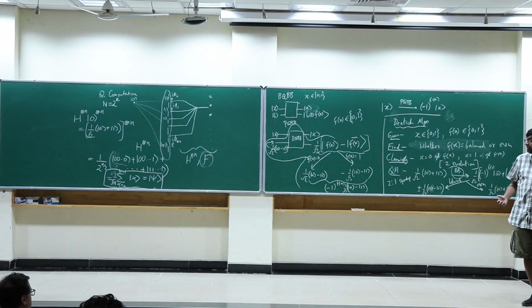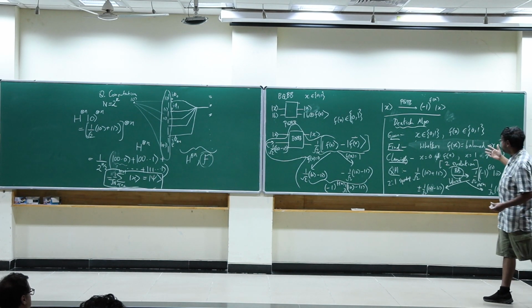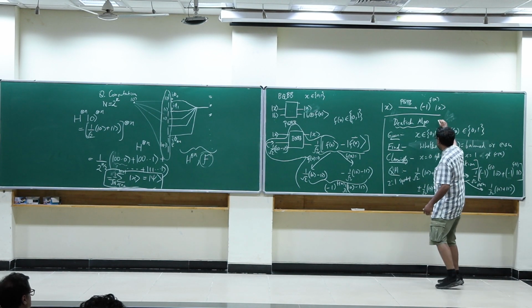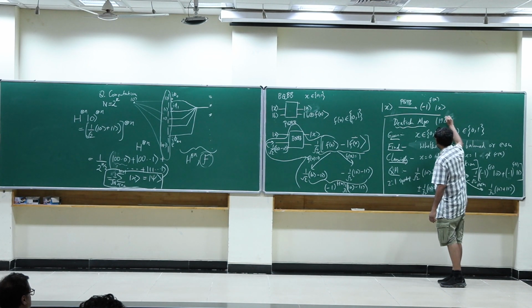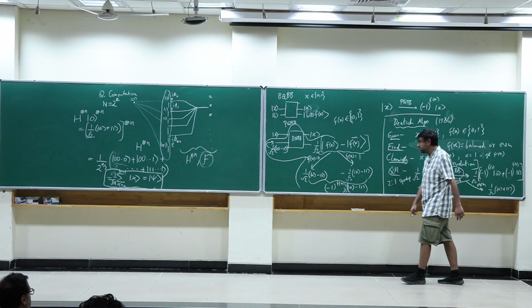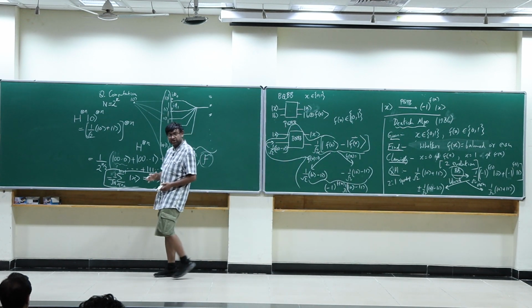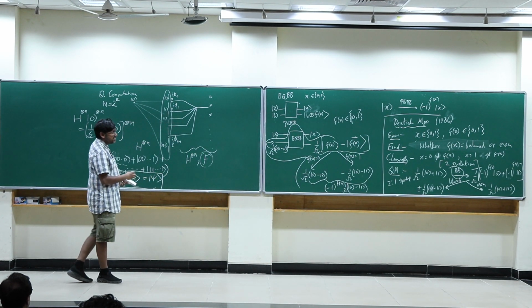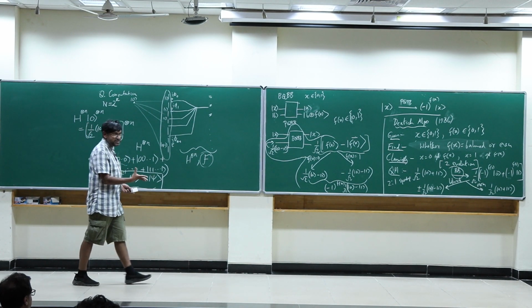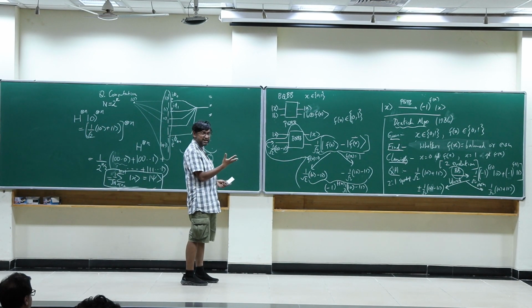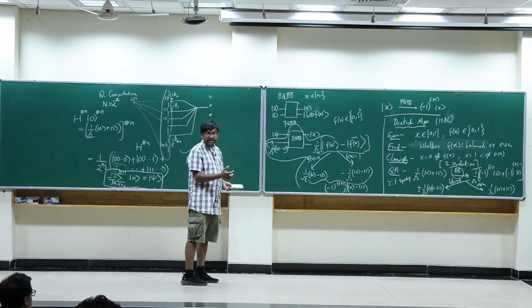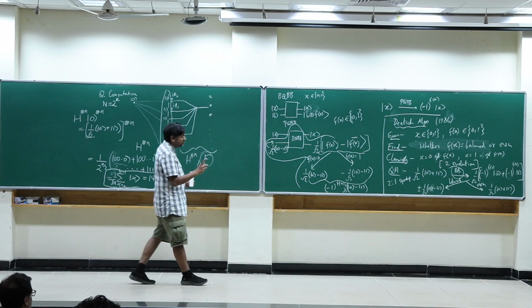Now then Deutsch and Jozsa. This is probably sometime in 1986 or 85, I don't remember exactly. But in 1992, Deutsch and Jozsa gave a version where you do get an exponential speed up, but only from the worst case. But for brevity of time, I will avoid that.